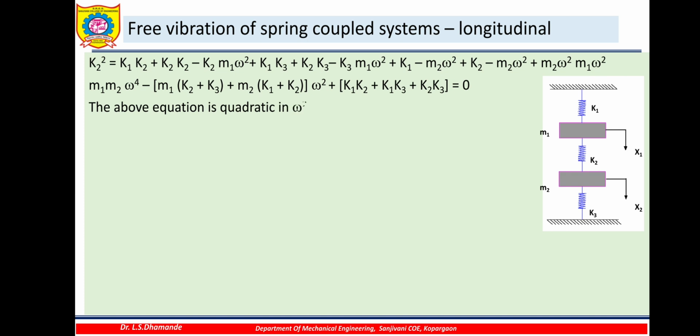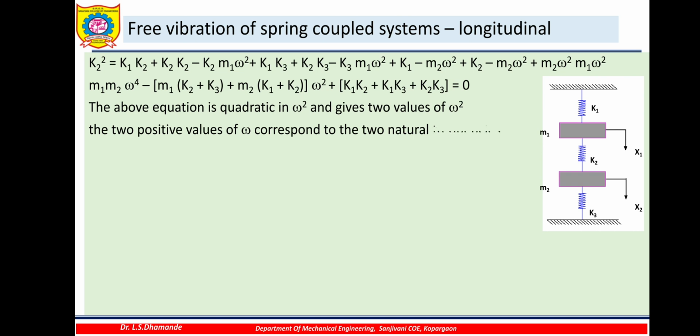So this is actually a quadratic equation in omega raised to 2, and it gives two values of omega square. So the two positive values of omega correspond to the two natural frequencies omega n1 and omega n2 of this particular system.